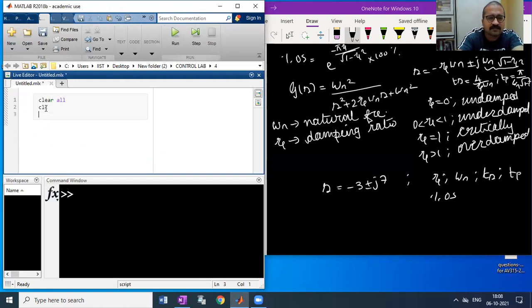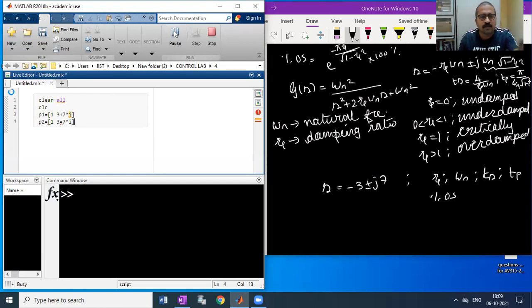Clear all, clc, right? So now I will define my P1. P1 equal to [1 3+7*i]. Then P2. What is P2? [1 3-7*i]. Okay, I will put a semicolon also here, or no need.